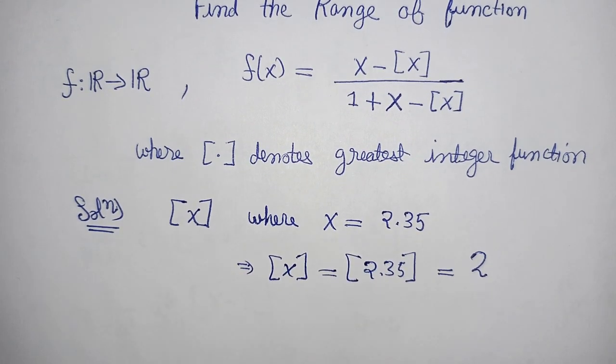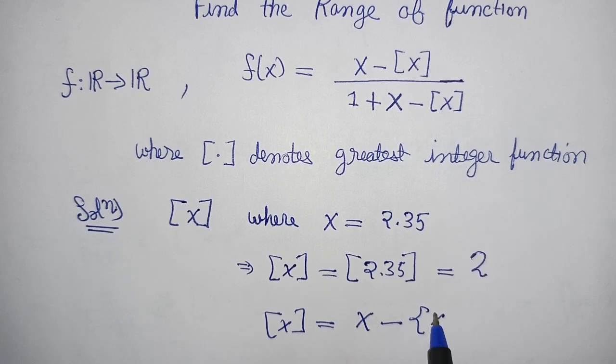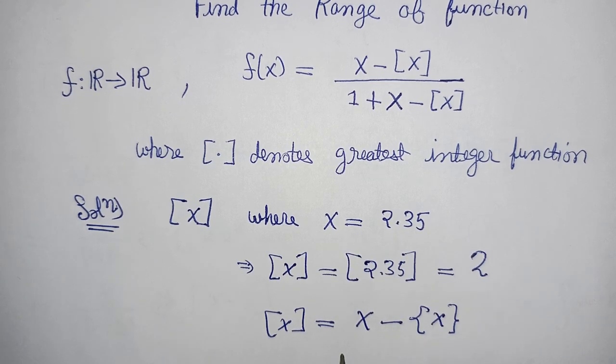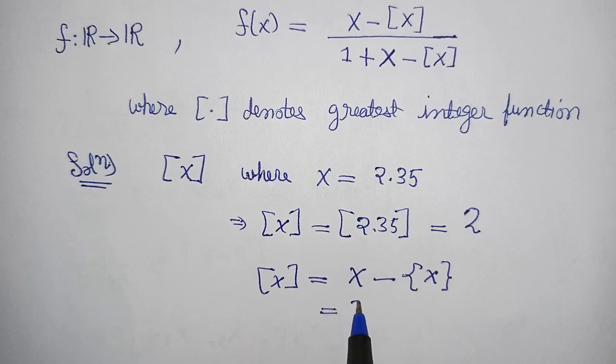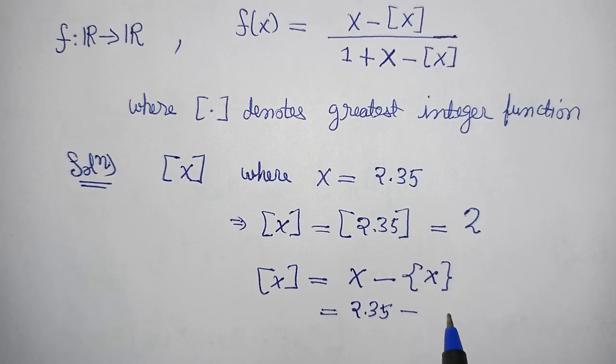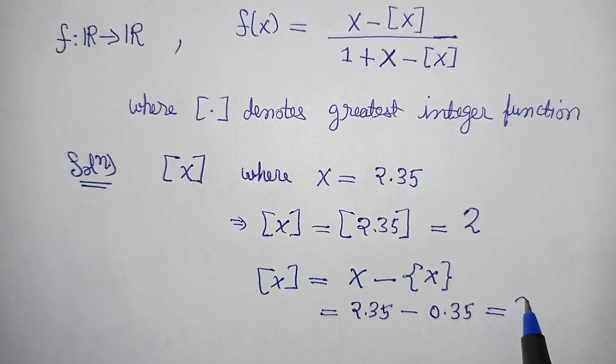So you can also say that we can write the greatest integer function [x] is equal to the original value x minus the fractional part of x, and the fractional part is denoted in these curly brackets {x}. So when x is equal to 2.35, this value will be equal to 2.35 minus the fractional part, which is the decimal value 0.35, and that is again equal to 2.